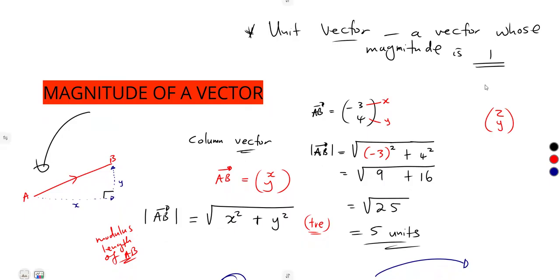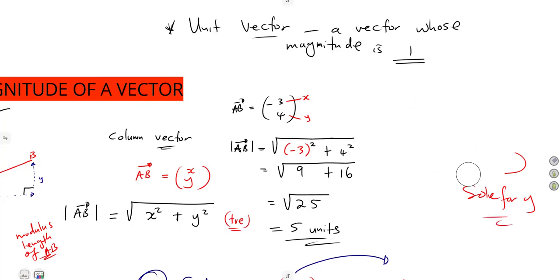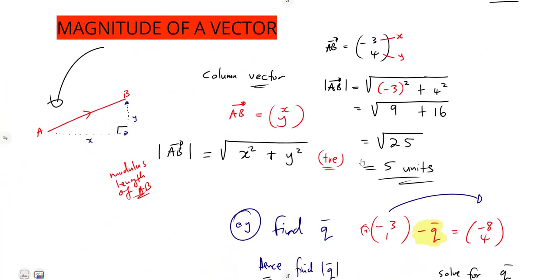Find the value of y for this to be a unity vector. You simply need to form an equation. The magnitude, 2 squared plus y squared, must give us 1, as we know that this is the magnitude. So you form an equation, then you solve for y. Maybe that's when it is complicated, but this is what you just need to understand as your basics.